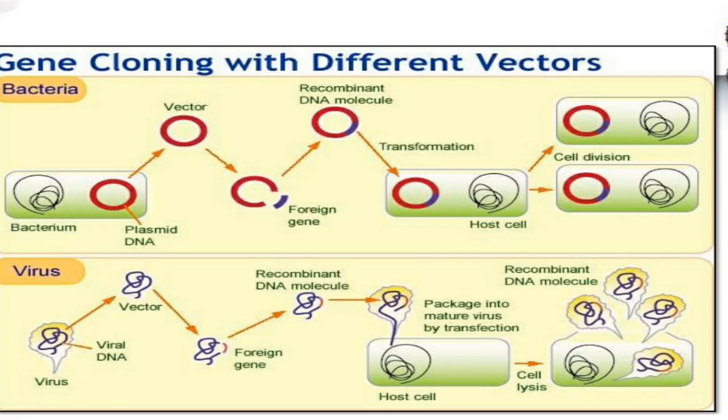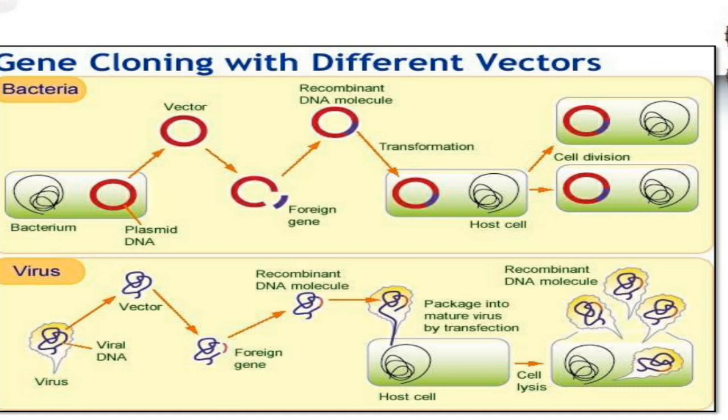Gene cloning with different vectors. Plasmid DNA present in bacteria as extrachromosomal DNA is used as a vector. A foreign gene is inserted in that plasmid DNA and a recombinant DNA molecule is formed, which is then transferred into the host cell, that is transformation. Then the cell divides and forms a number of copies of that rDNA.